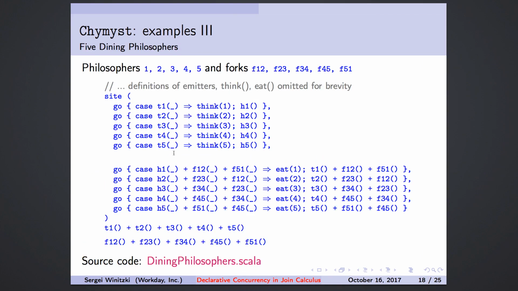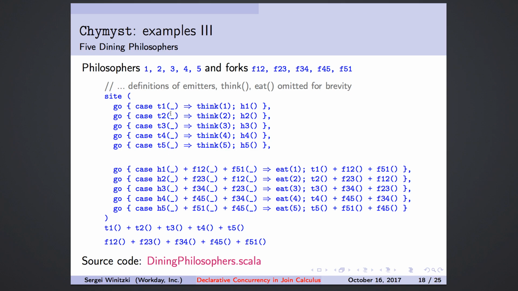All right, now let me show you dining philosophers. This is an implementation of dining philosophers. Basically, it's fully declarative. I define molecules T1 and so on to T5. They represent thinking philosophers, and H1 to H5 represent hungry philosophers.